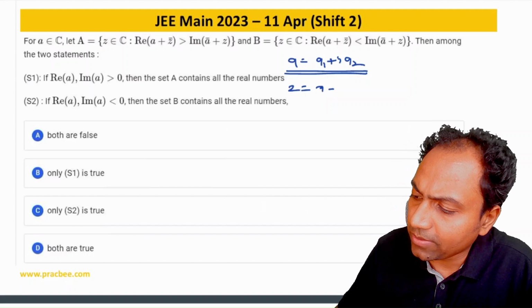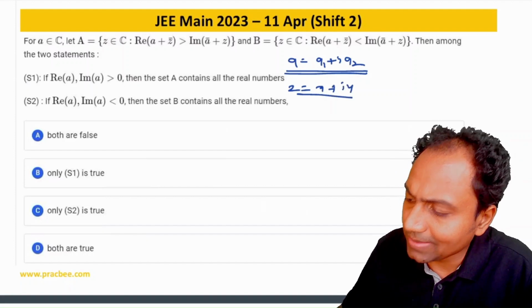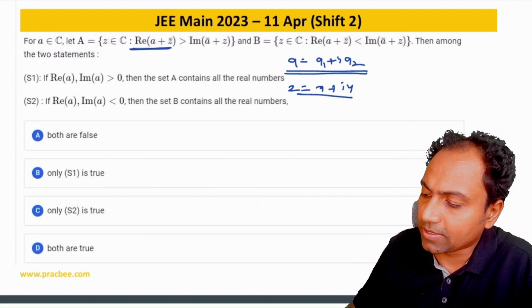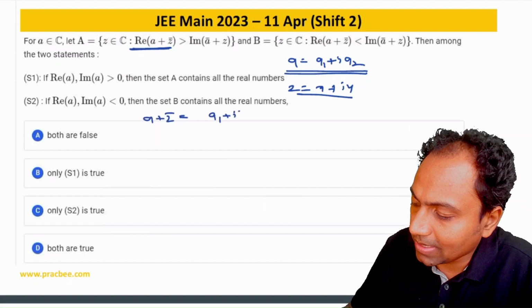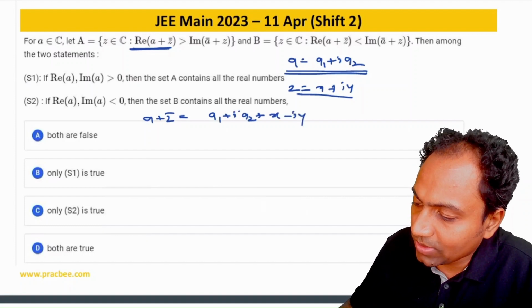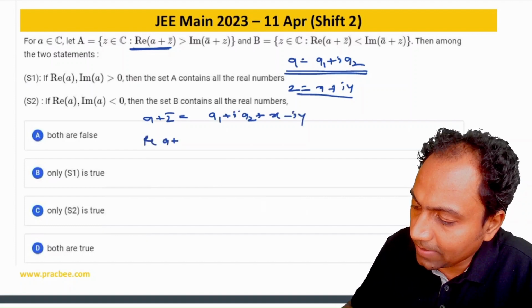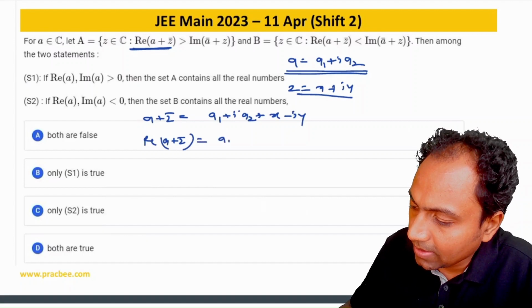So if I do that, what you will observe here is, let us write the real part of a plus z bar. So a plus z bar would be nothing but a1 plus i a2 plus x minus iy. So you can see that the real part of a plus z bar is nothing but a1 plus x.